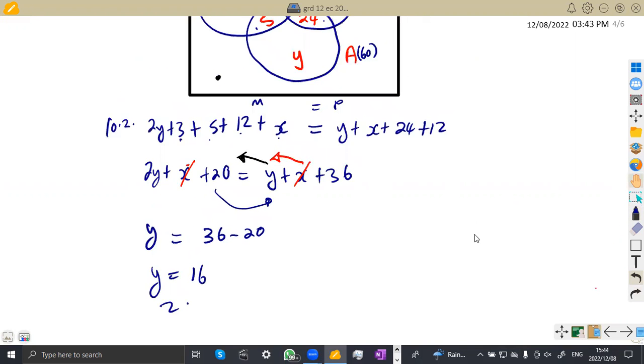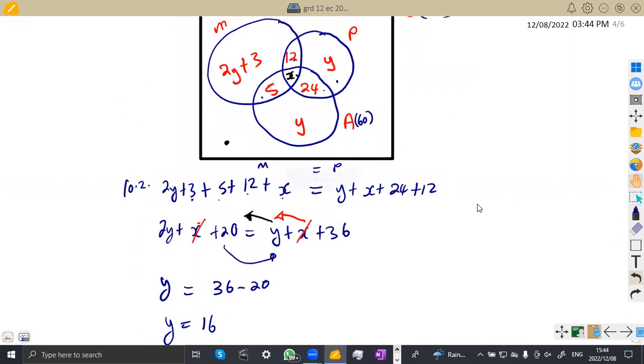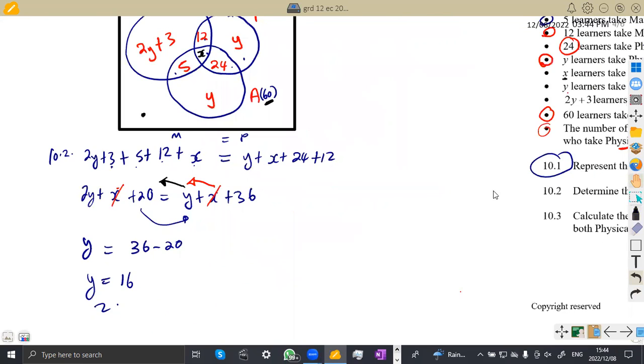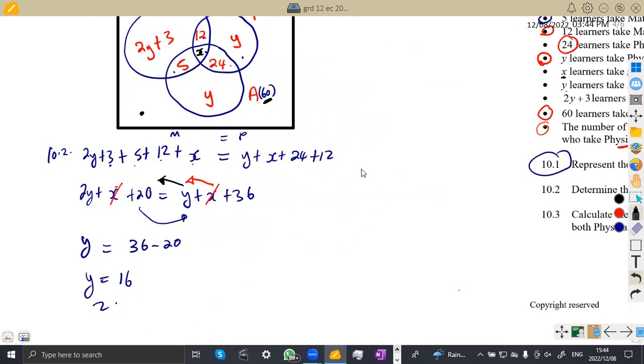So we can actually substitute the value of y so that we can see what we can do. But take note, we do not have any other information that we can use except for this one for accounting. That's where that 60 for accounting is going to work, because we are given that in accounting there are 60 elements.